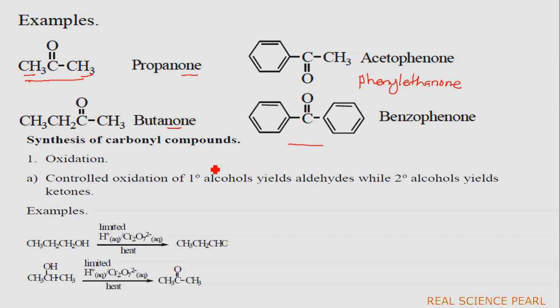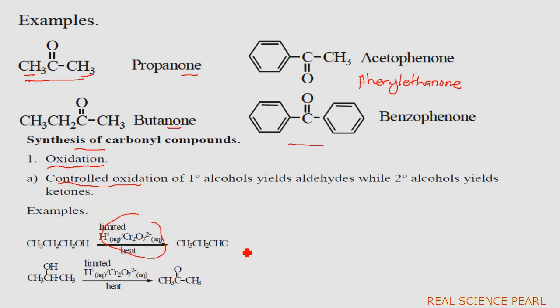Synthesis of carbonyl compounds. How do we get carbonyl compounds? Now for synthesis, we can use oxidation. In case you want to obtain an aldehyde, it means you are supposed to have controlled oxidation. That's why I'm having acidified potassium dichromate here and heat.